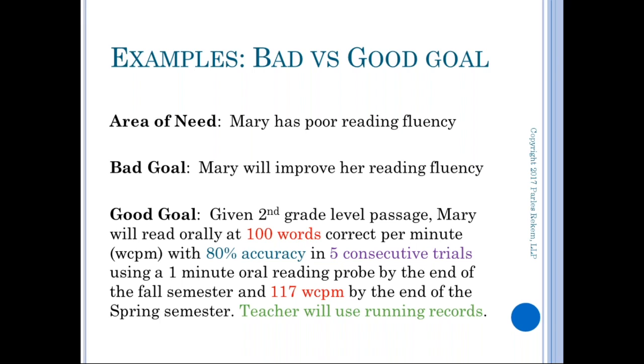We know she's going to do it at 80% accuracy, with 5 consecutive trials, and the reading probe is going to be a minute. She is going to increase her correct words per minute up to 117 by the end of the spring semester. And we know the teacher is going to use running records as a way of collecting data to show whether progress has been made.